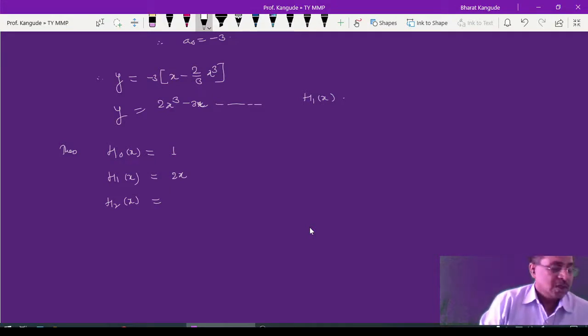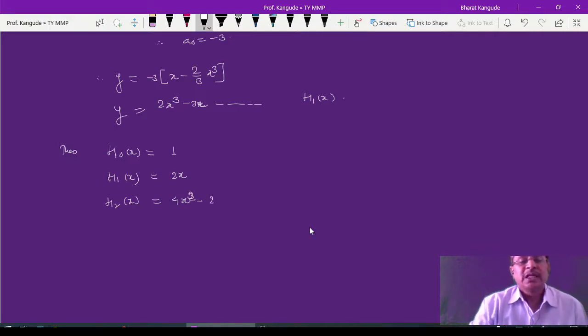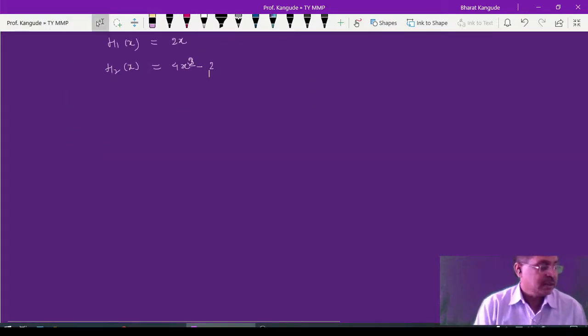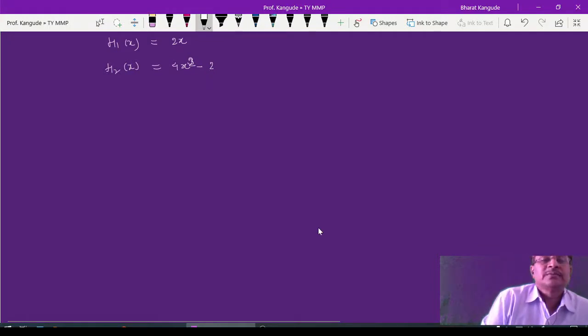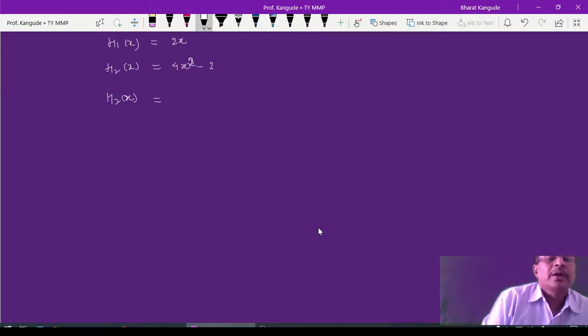Okay, will write this 2x and third we have calculated is 4x square minus 2. Similarly, if we go for calculation of the next, H0(x), H1(x), H2(x), and then this is H3(x), not H2(x).